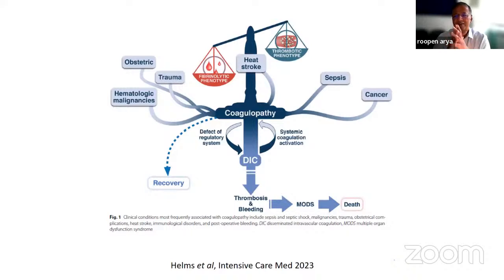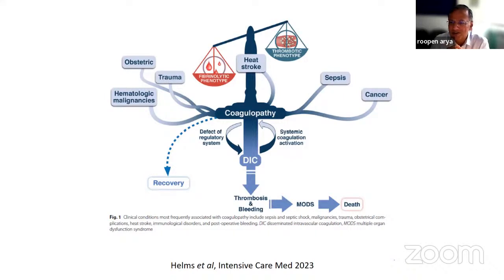Again, there's a very nice article by Julie Helms from Strasbourg in Intensive Care Medicine this year on management of coagulopathy in critically ill patients, with some particularly nice figures. For example, this one showing the kind of clinical conditions that are frequently associated with coagulopathy.